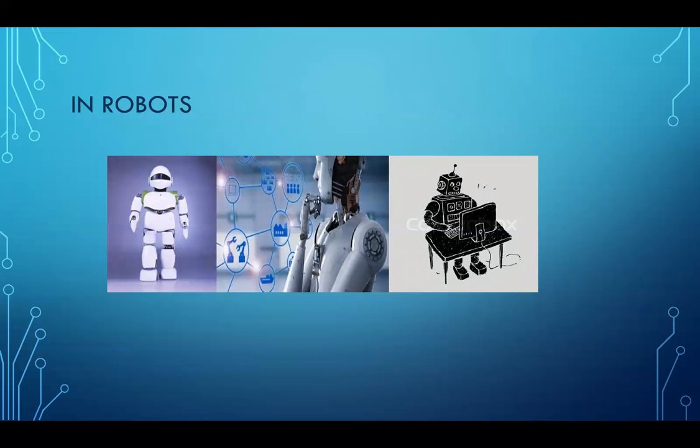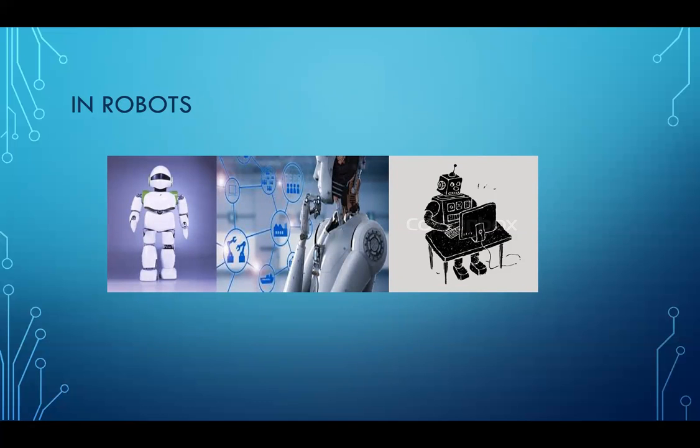Next is robots. Robots are like humans and a machine. Computers are made by humans, and robots are also made by humans, where through computer we control the robots, and they do different kinds of work that are not easy for humans. So we use robots in places like underground waters and undersea.